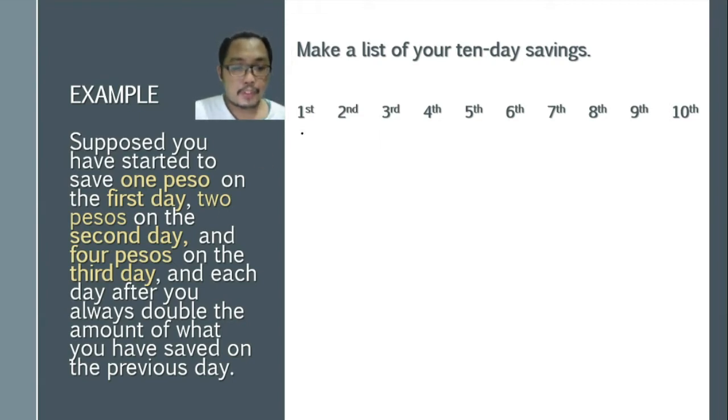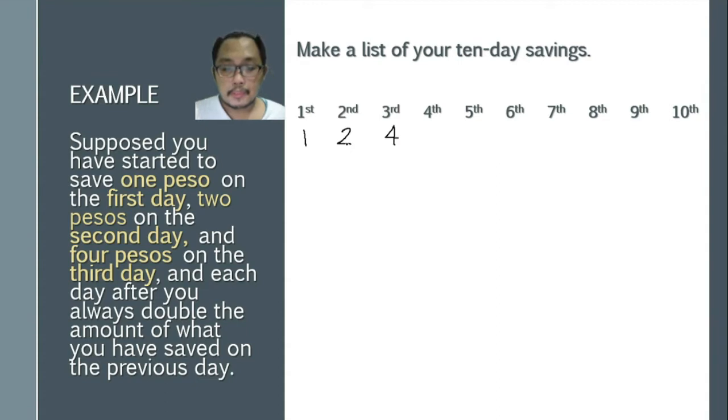Now, in this situation, you're already given the amount of saving for the first day, and that would be 1. On the second day, it was stated here that you have saved 2 pesos, while 4 pesos on the third day.